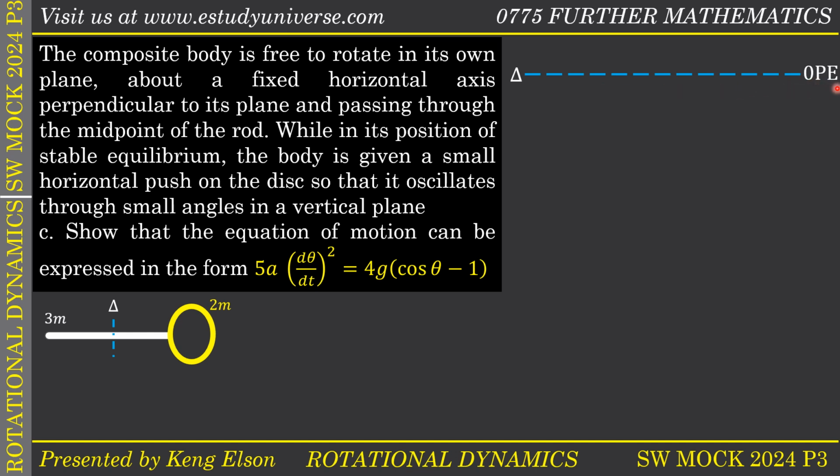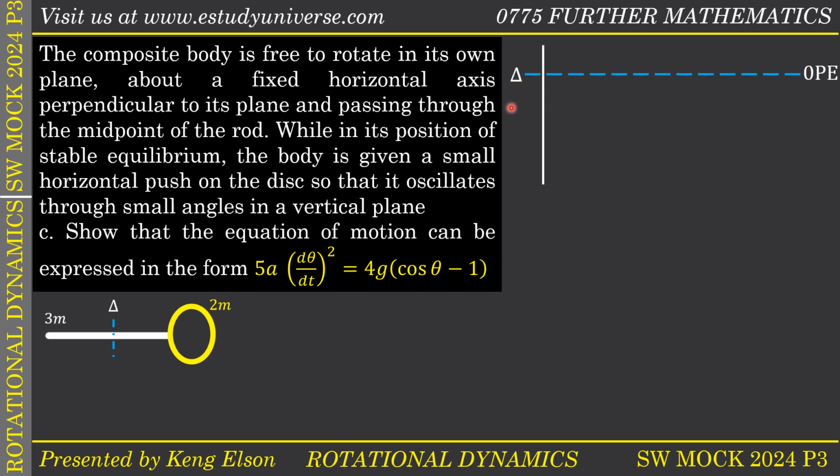So this here is zero potential energy. This is the initial position. Note that this axis is passing through the center of the rod, though I have not drawn it to scale.